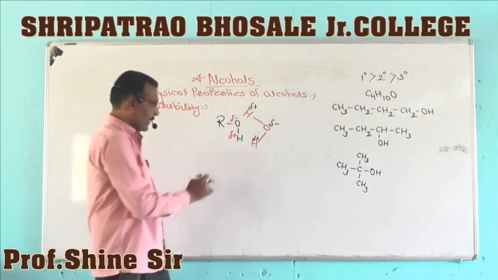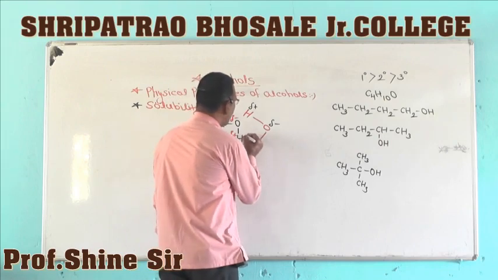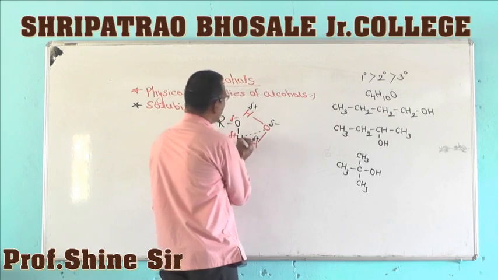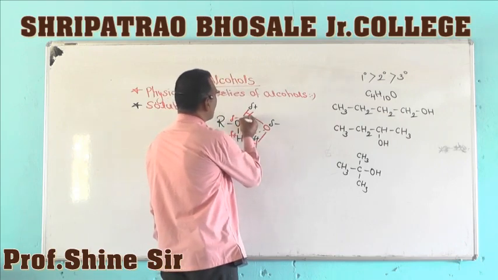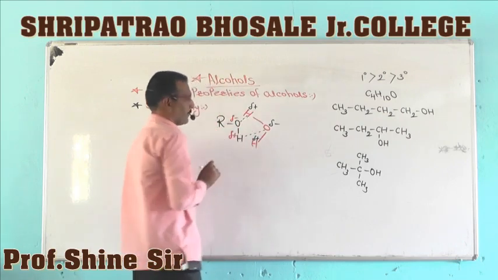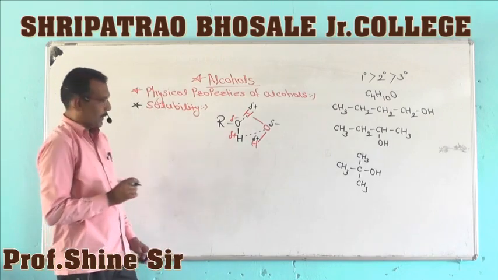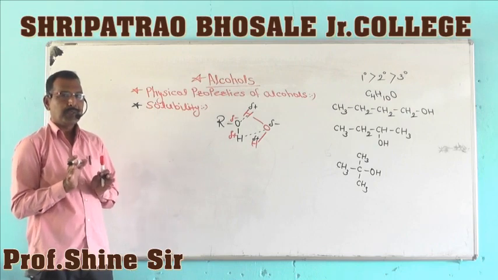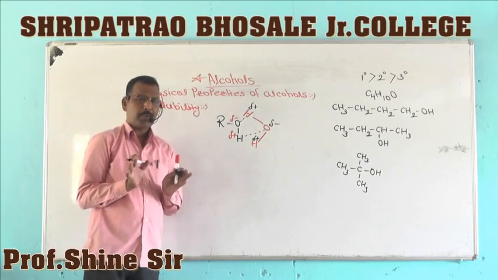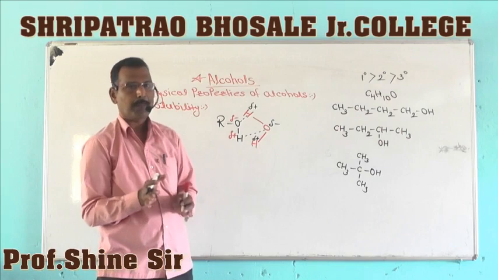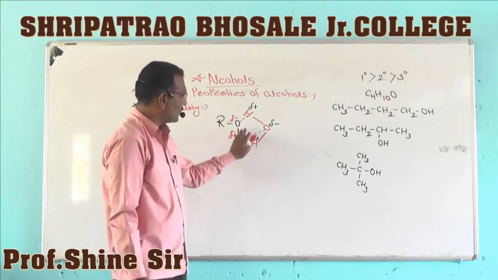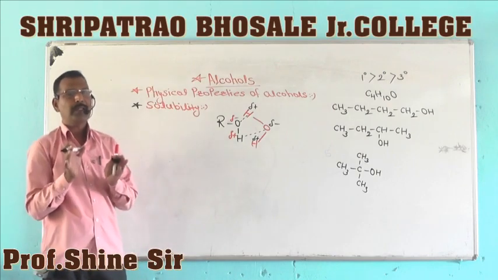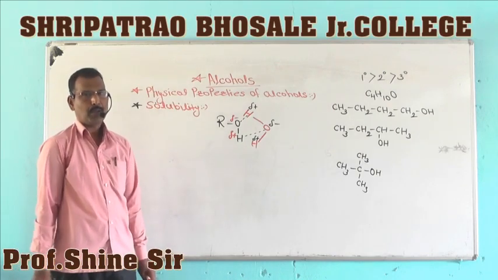So such electrostatic force of attraction develops. I will show here, similarly, oxygen and hydrogen. When such bonds are formed and a compound is dissolved in water, we say that the compound is soluble in water.